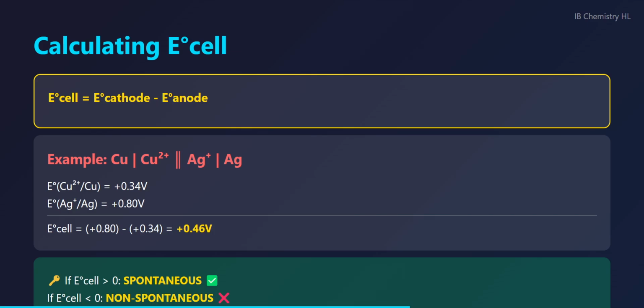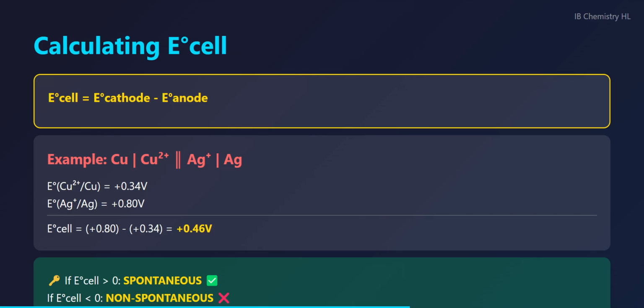Let us work through an example. Calculate E0 cell for the cell Cu(s) | Cu2+(aq) || Ag+(aq) | Ag(s). Given standard potentials are E0 of Cu2+/Cu equals +0.34 volts, and E0 of Ag+/Ag equals +0.80 volts.